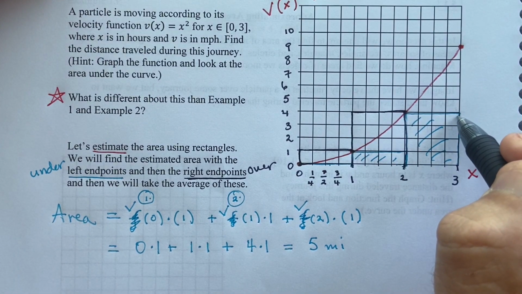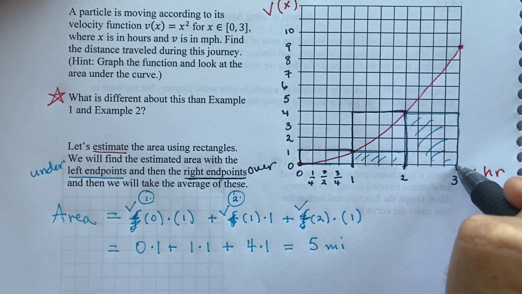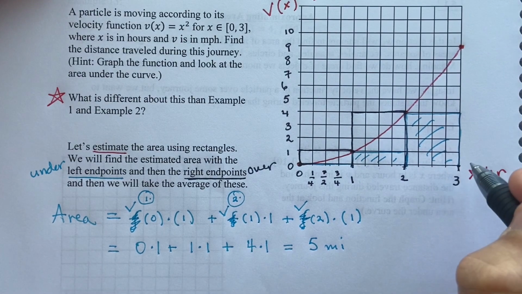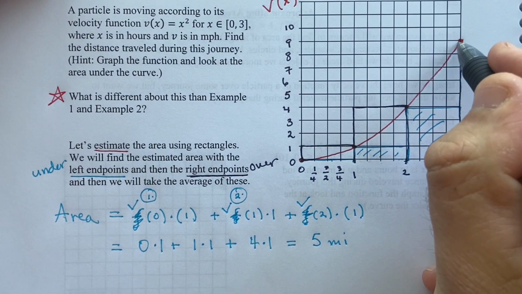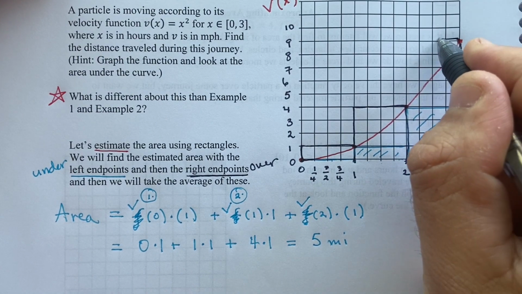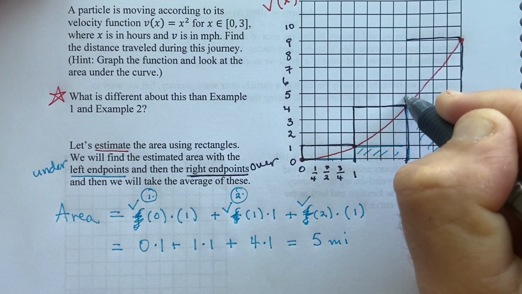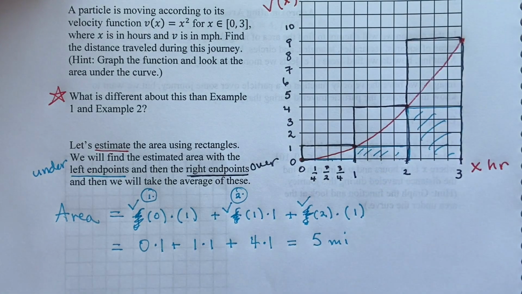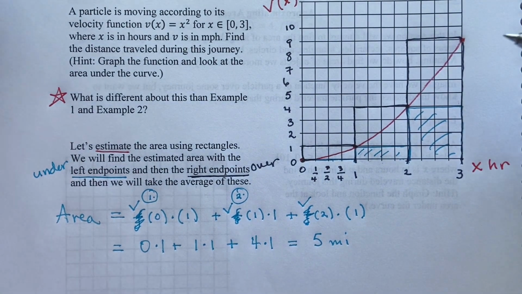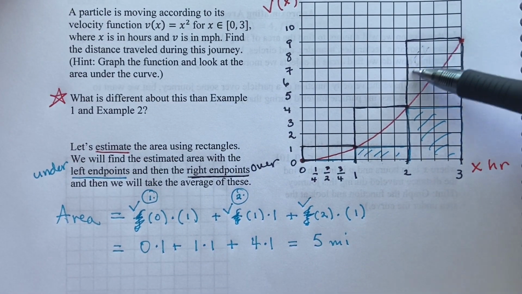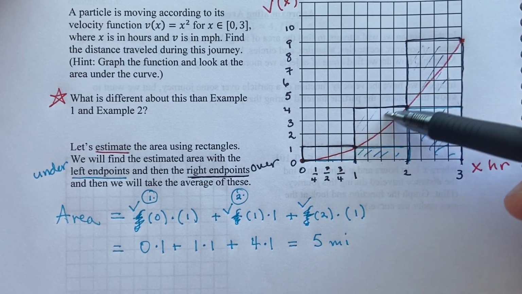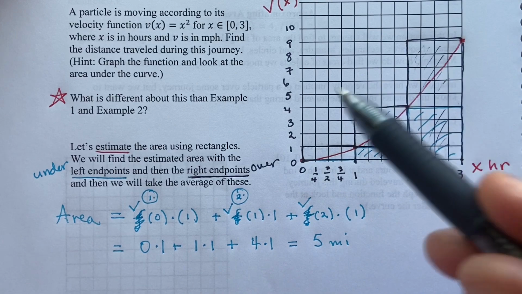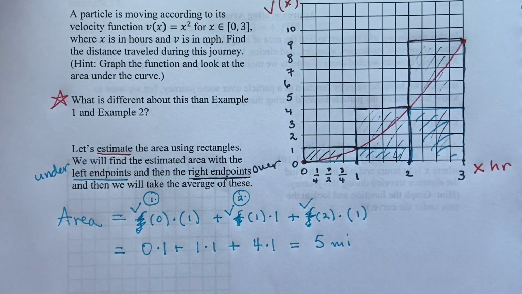And then here's my third interval. I go to the right endpoint of it, and then I go up until I hit the function, and then go left until I hit the other end of the interval. So those darker rectangles, all of this stuff, and it does encroach all the way down, all of this stuff will be my overestimate.